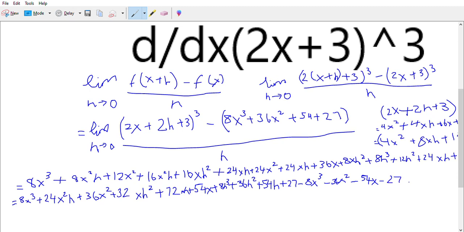And now it's just a matter of combining more like terms. And conveniently, all the 8x cubed, 36x squared, 54x, and 27 are all eliminated. So that's very convenient.